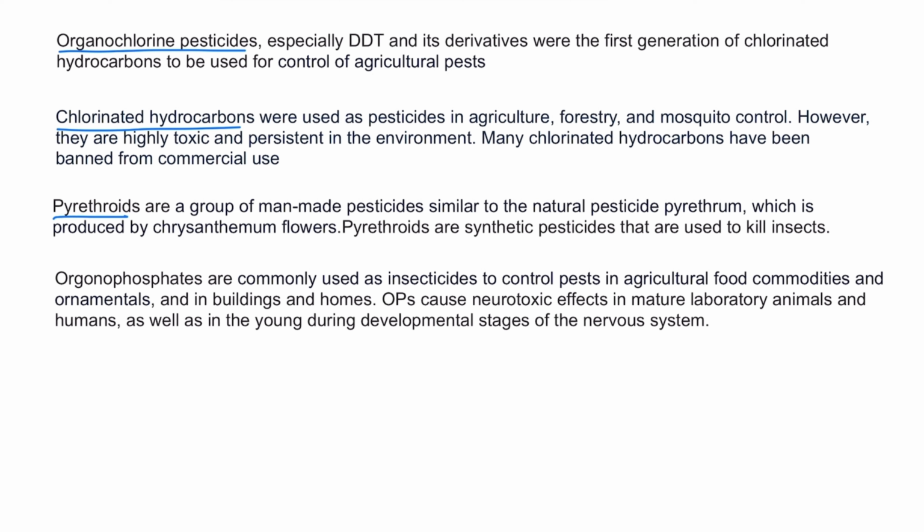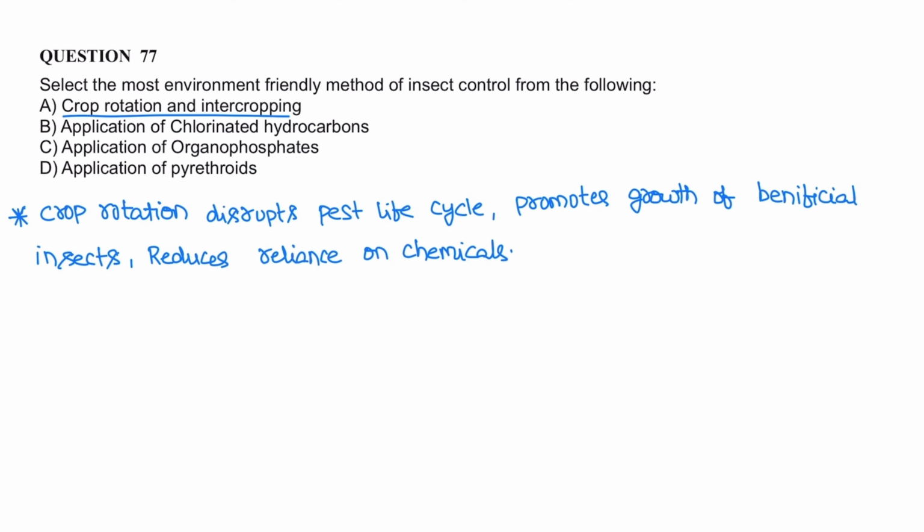These are a group of man-made pesticides similar to natural pesticide. Next, organophosphates are commonly used insecticides to control pests in agriculture and food commodities. All these are pesticides, whereas natural method and most environment friendly method is crop rotation and intercropping.